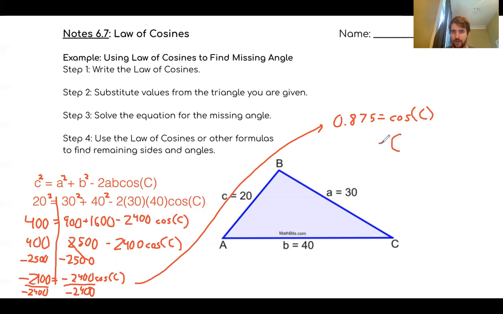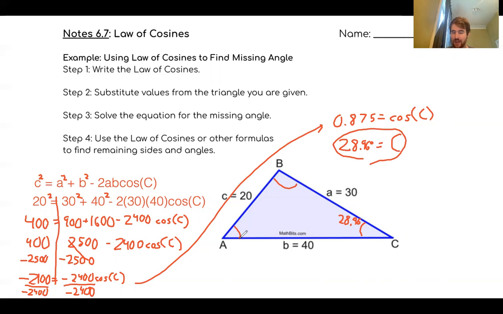So C equals, we'll just say, 28.96 degrees. And that tells us this angle, 28.96.